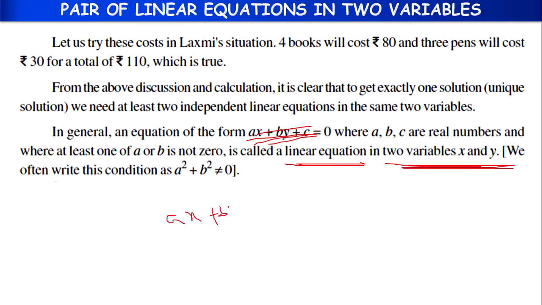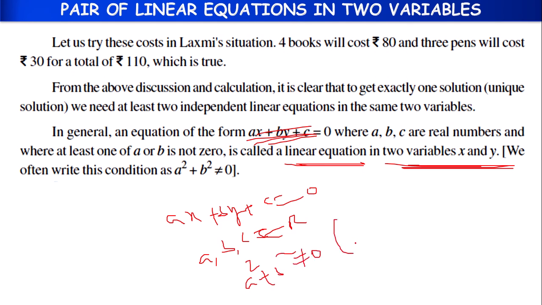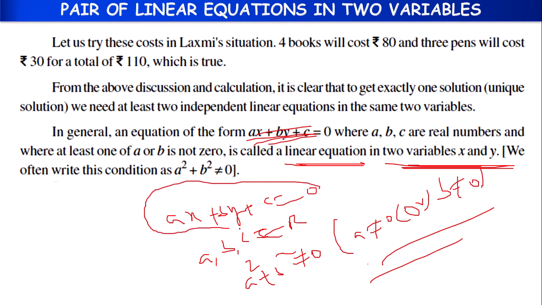So ax plus by plus c equal to 0, where a, b, c belong to R, where a square plus b square is not equal to 0, which means a is not equal to 0 or b is not equal to 0, which means at least one of them is not equal to 0. Then ax plus by plus c equal to 0 is considered a linear equation in two variables x and y.